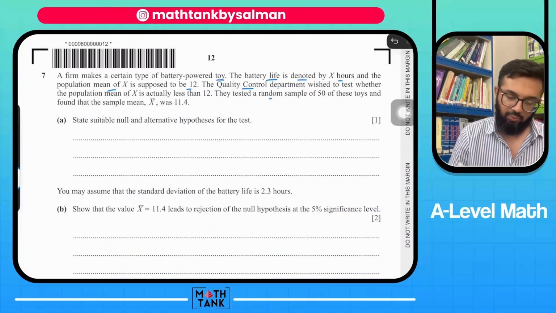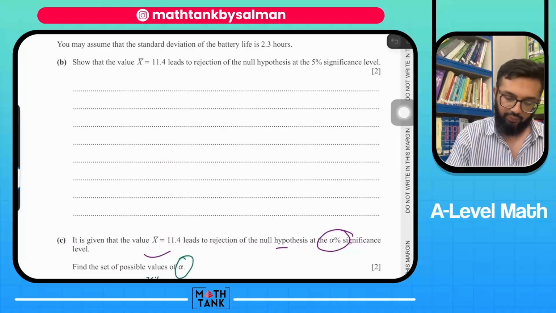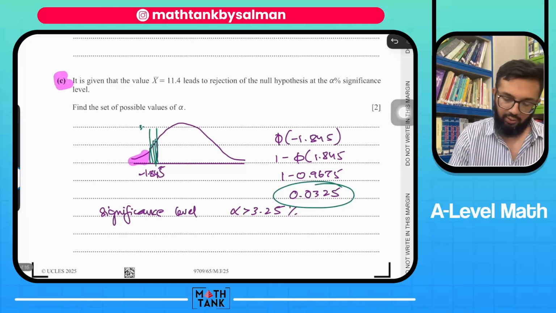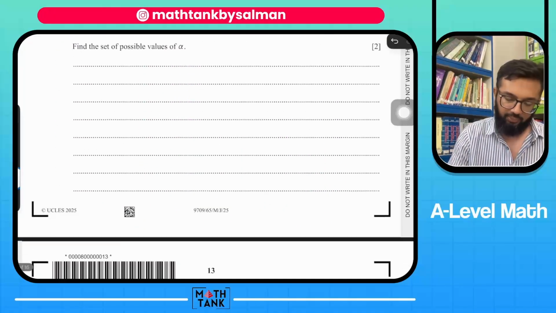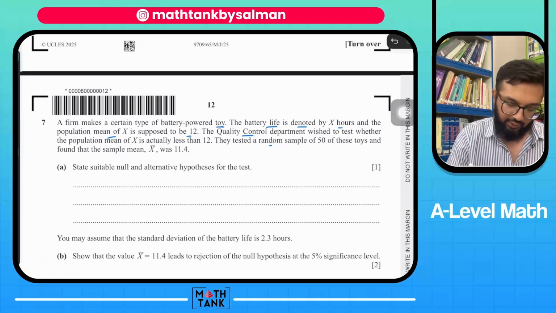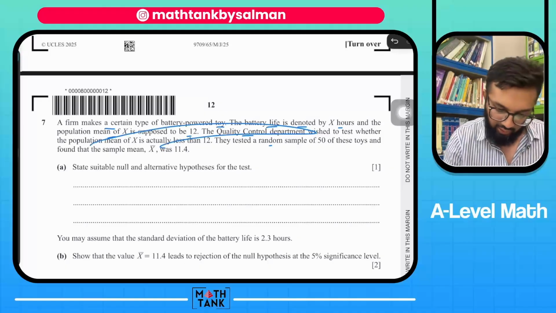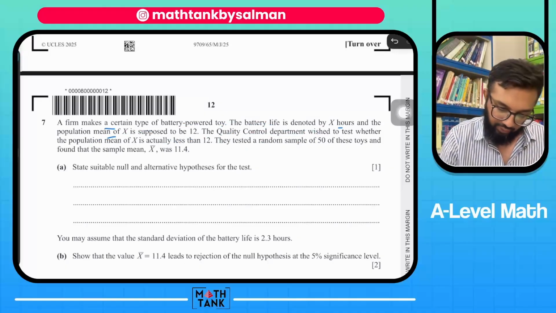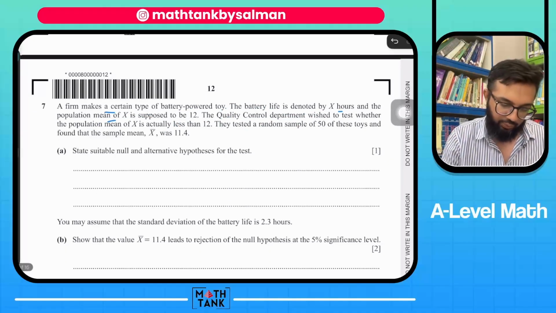Okay, quickly moving on to question number 7. I must have solved this for someone before, so it's marked here. I'm going to do it again. Okay, there are two questions in fact. Question number 7. It says a firm makes a certain type of cars. The battery life is denoted by X hours, and the population mean of X is supposed to be 12.